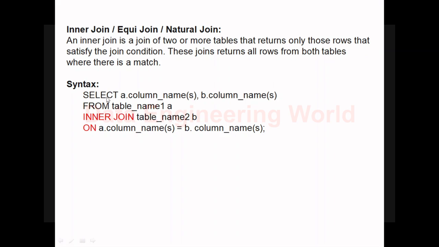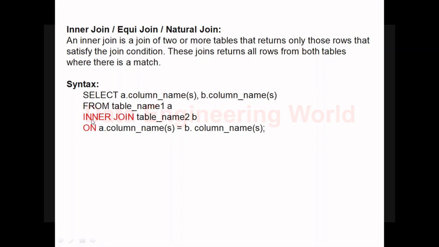We can use select column names from table A, column names from table B. Then we need to say from keyword and then the first table name. We can specify the alias also. In this case, we have mentioned it as A.